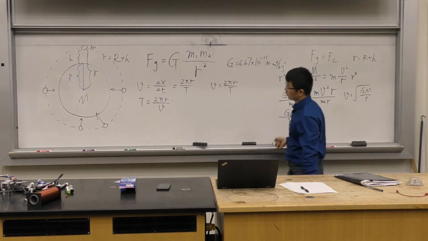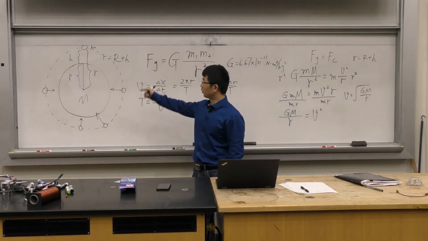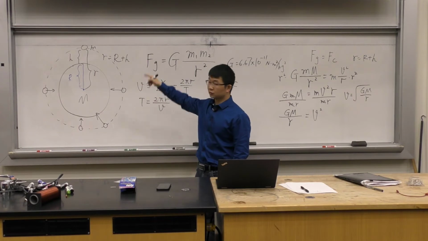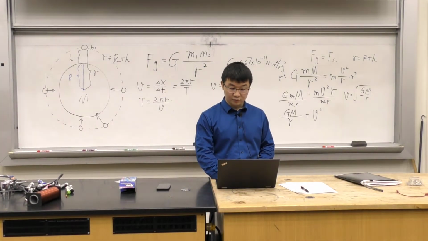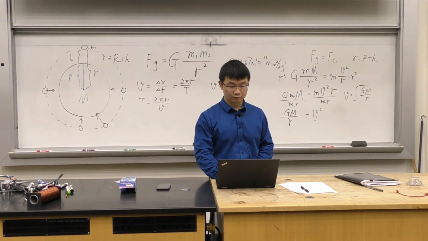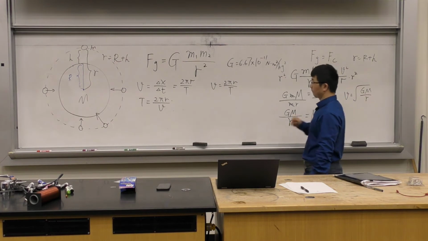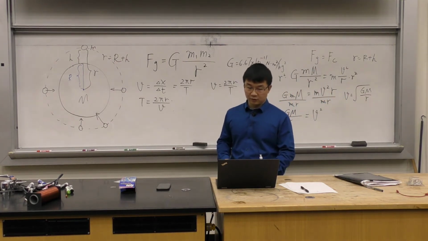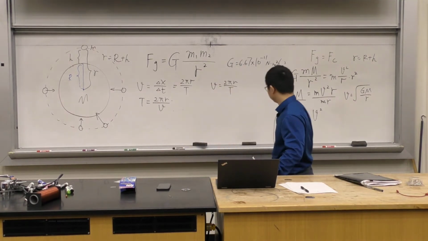But when I rearrange this equation, I'm just going to carry little r. I'm just going to keep in mind little r is always the distance from the center to where the satellite is. So this algebra is going to take you some time because you're going to divide this by this. All right, so I want you again, pause the video, do the algebra yourself, see if you can find the right answer.